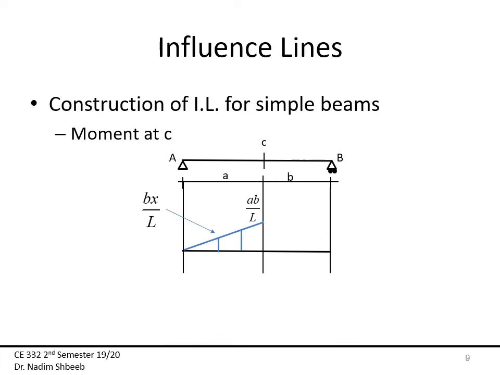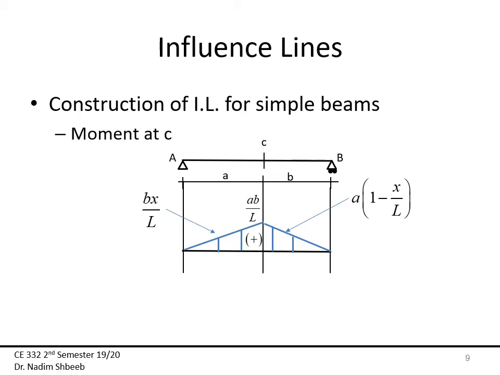To plot that, here I'm using Bx over L. Using X equal to A, I'm getting AB over L. For the other part, here again I'm using 1 minus A over L, so that will be B over L, so I'm getting the same value of AB over L. Here this positive value has really nothing to do with whether it is tension or compression.